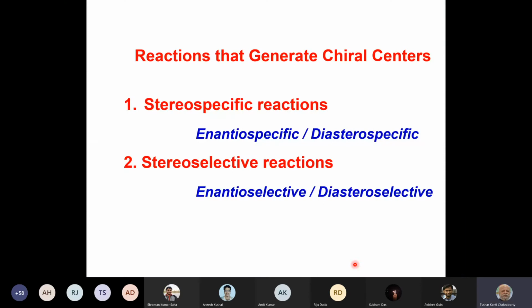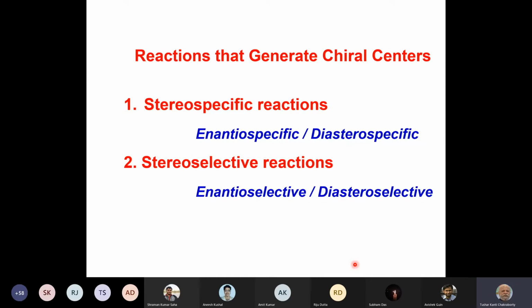Now, what we have learned in this course so far is how to say whether a molecule is chiral or not. That is by elements of symmetry: if you see in the molecule a plane of symmetry, or a center of symmetry, or an alternating axis or proper axis of symmetry, etc. Then we have learned, once you decide that this molecule is chiral, how to give the R and S configuration to this molecule, and we have learned the physical properties like optical activity of a chiral compound, and now we will learn how to make these chiral centers.